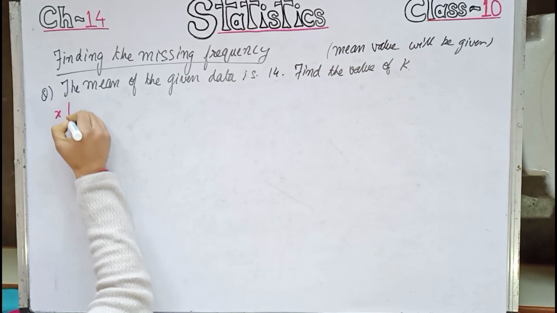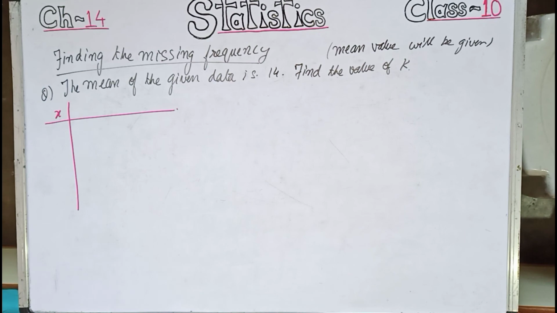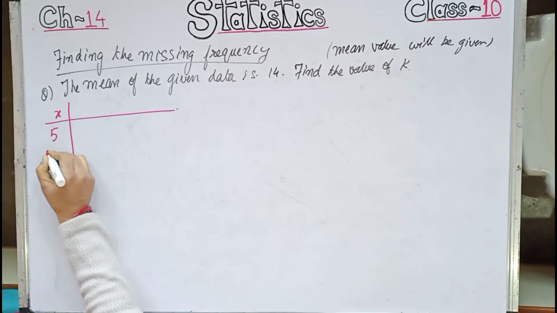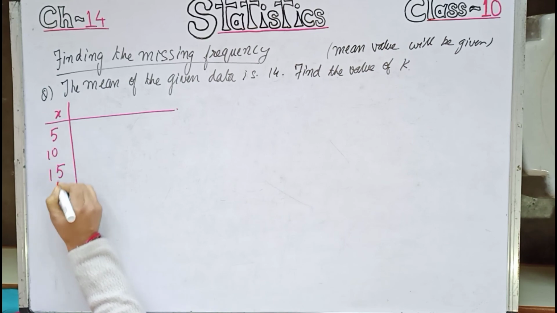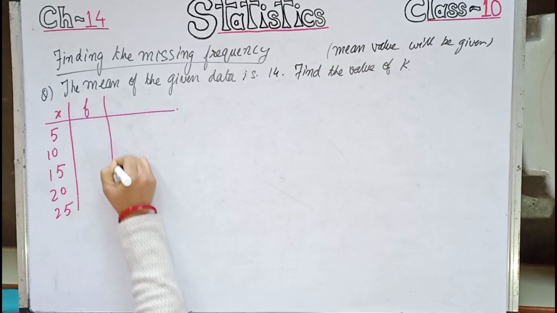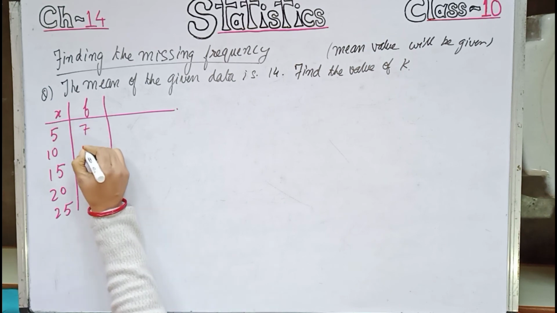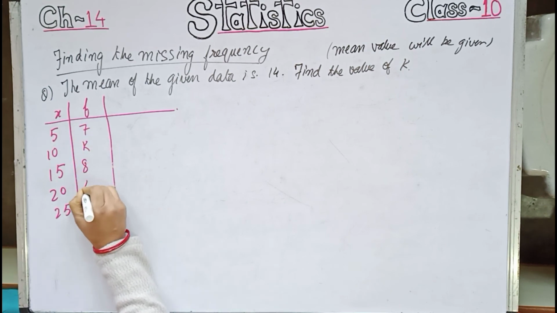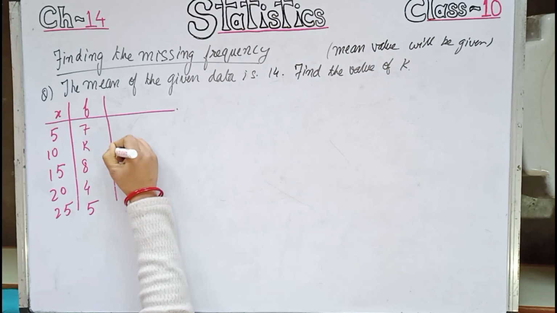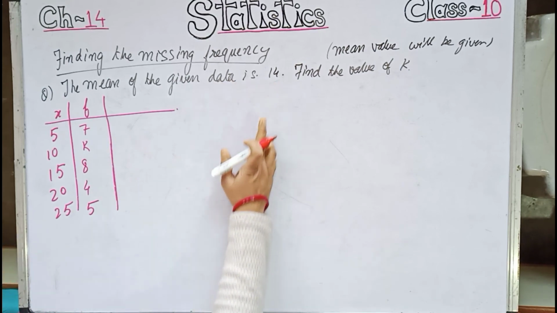X column is 5, 10, 15, 20, 25. And F column is 7, k, 8, 4, 5. So this much only the question is given. We have to find the value of k and the mean is given as such.